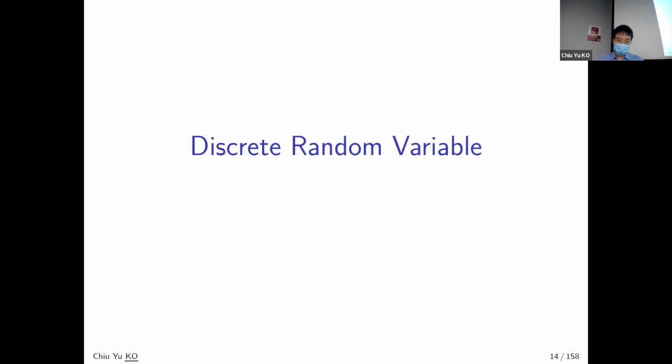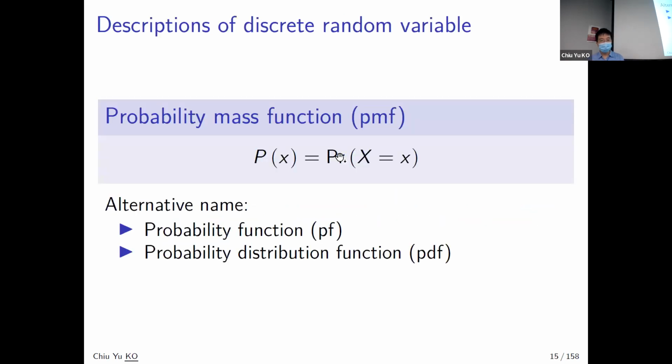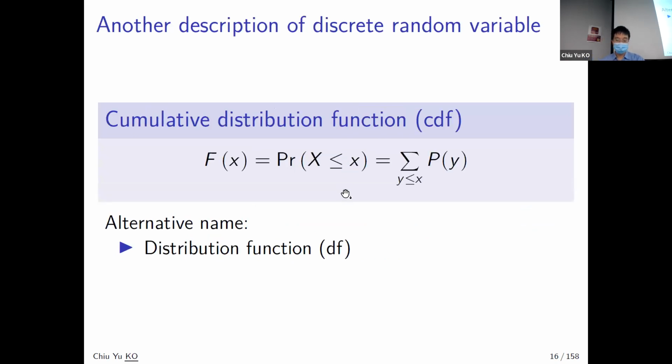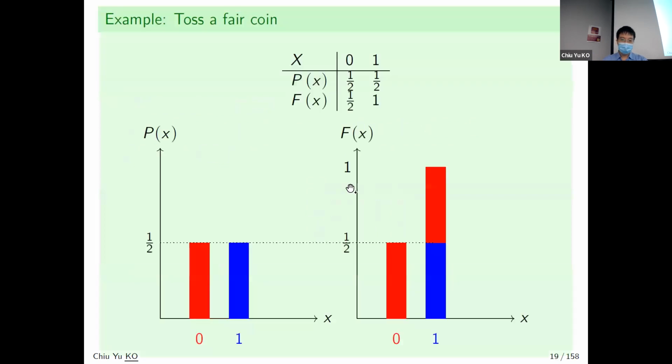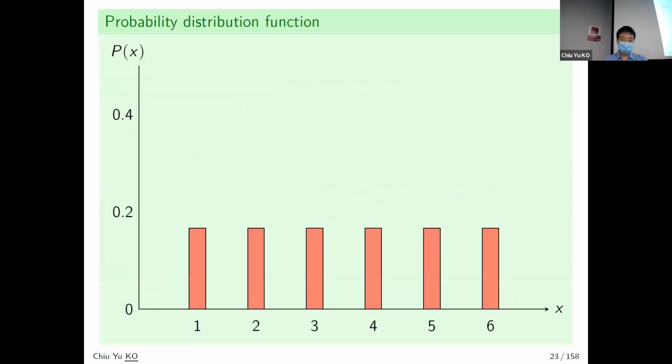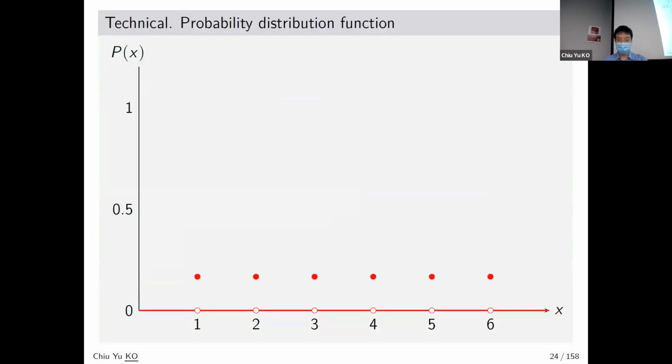And for a discrete random variable, we talk about the probability mass function, the cumulative distribution function, and how you can use them to describe the probability.